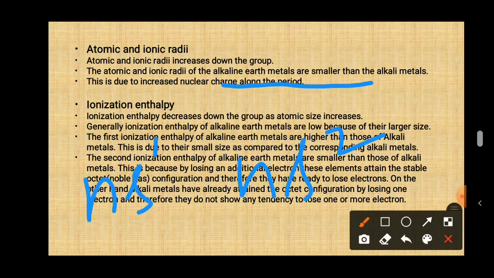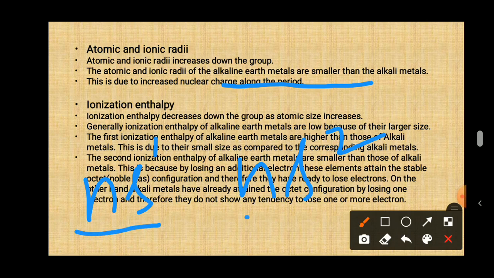Now the statement given is that the first ionization enthalpy of alkaline earth metals is higher than that of alkali metals. In the case of alkali metals, there is only 1 electron in the outermost shell, so this we can easily remove. But in alkaline earth metals, the outermost shell contains 2 electrons, so the s orbital is completely filled.